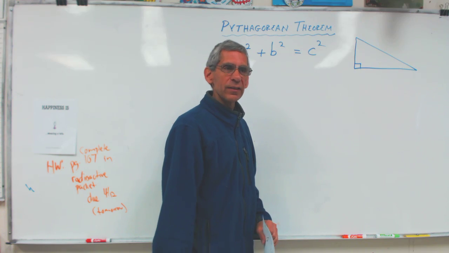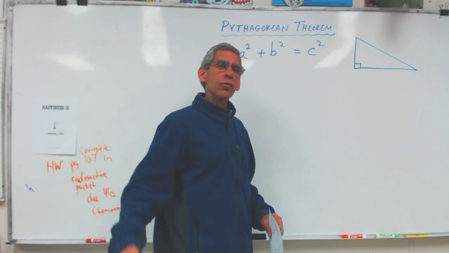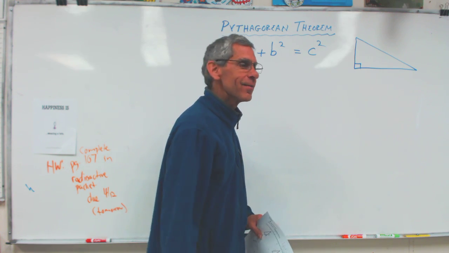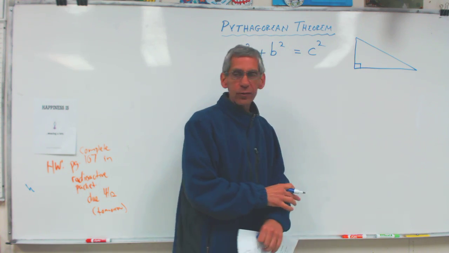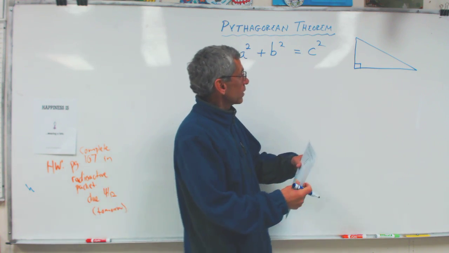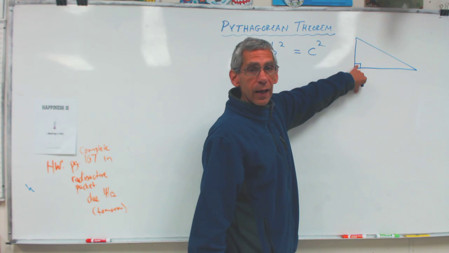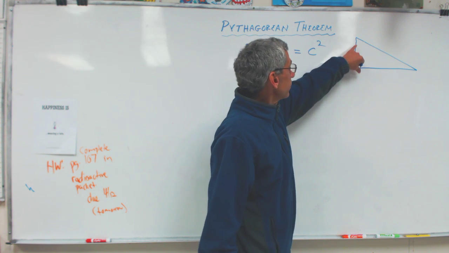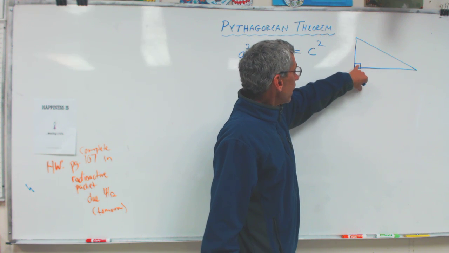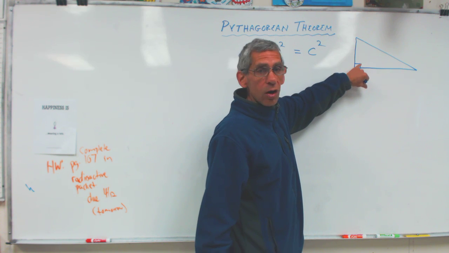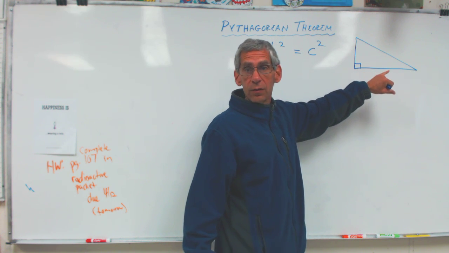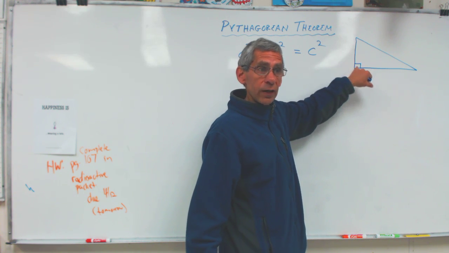If you rotate it 90 degrees, then it would be on the right. So this is a right angle here, 90 degrees, and that's why it's called a right triangle.